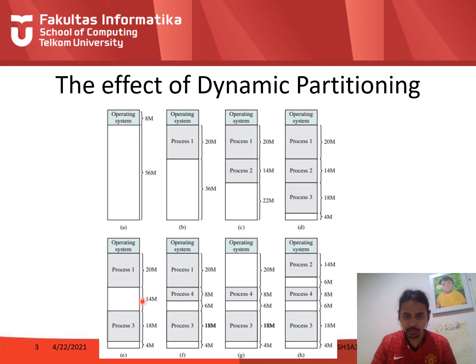For example, if we have a process that is 16 megabytes, I'll just draw that down. What happens if we have a process that is 16 megabytes? It couldn't fit.